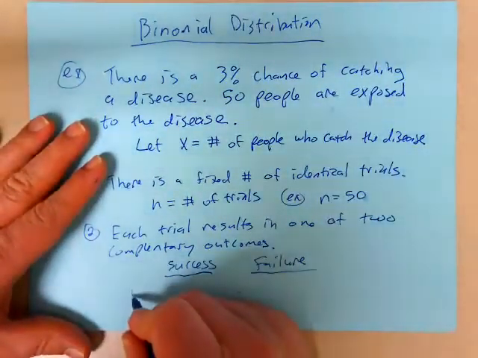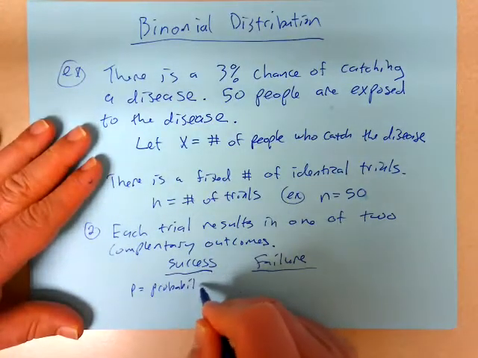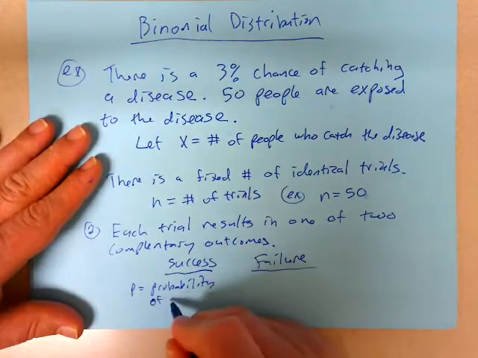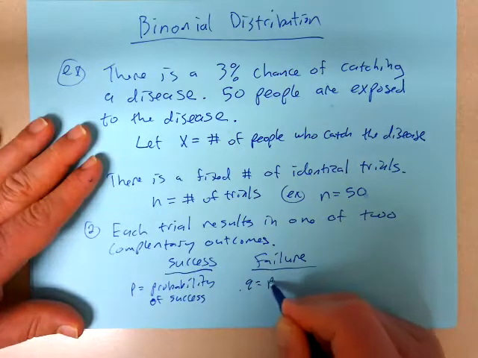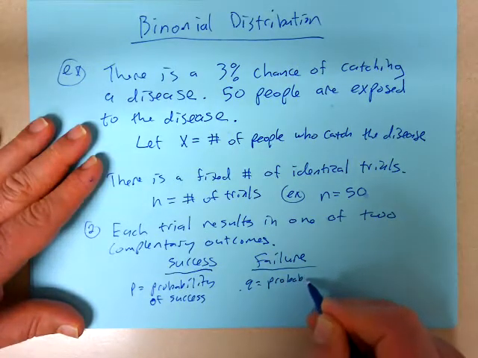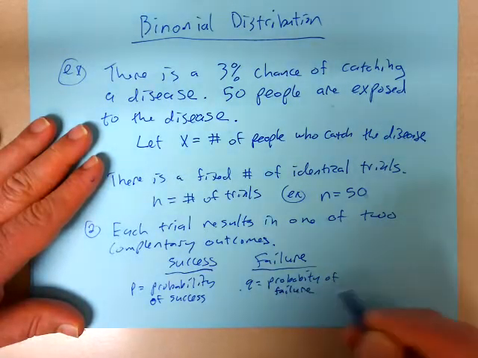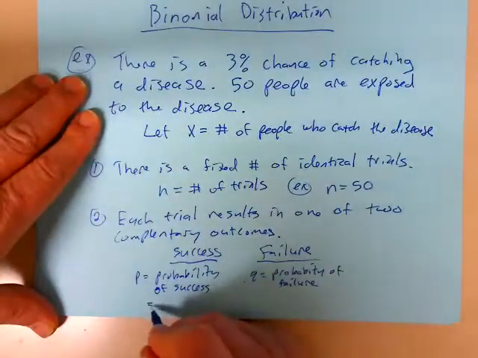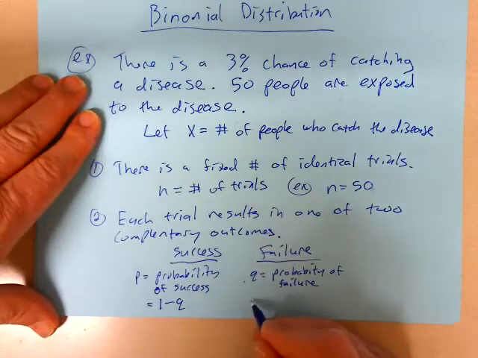So P is going to be the probability of the success, Q will be the probability of the failure. These are complementary events, so P is 1 minus Q.